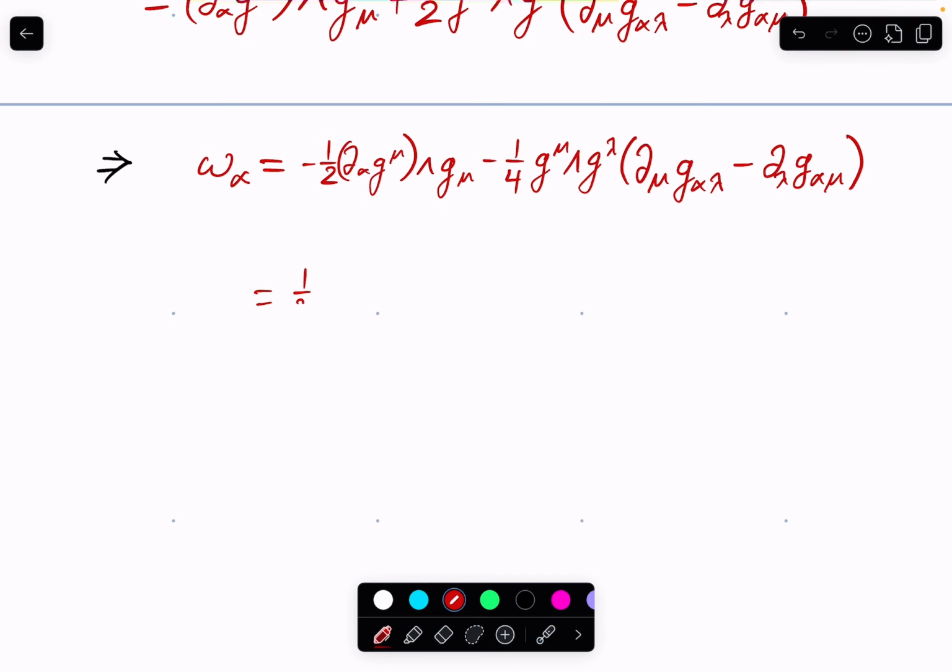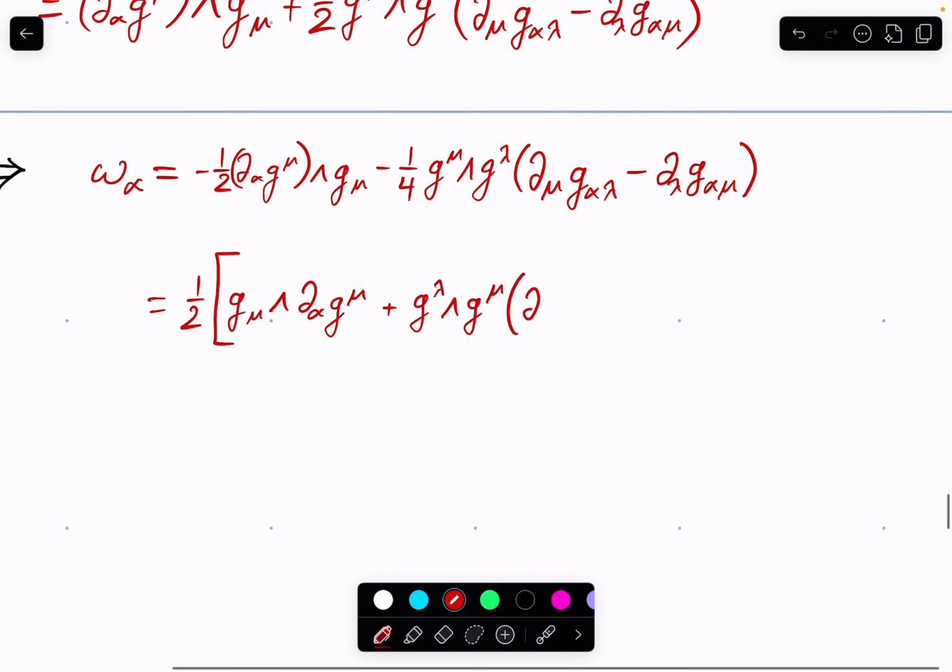So this is just going to be 1/2, and then we're going to have G mu wedge partial alpha G mu, where because this is scalar, the outer product here is of this whole thing, then plus G lambda wedge G mu, and then of partial mu G alpha lambda minus partial lambda G alpha mu.